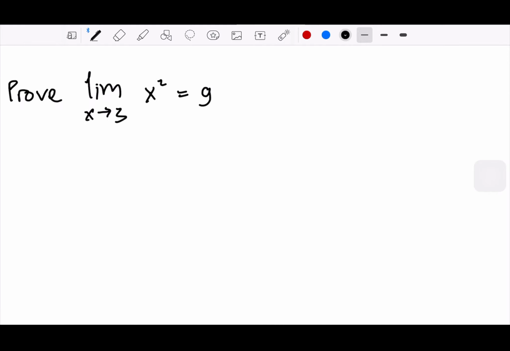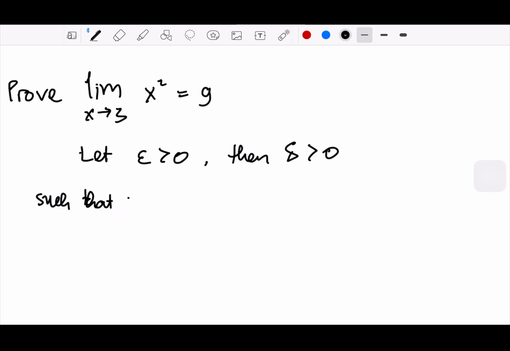So if it is a proof, we are going to use the epsilon-delta definition. First, you can write that epsilon is a positive number, then delta is also a positive number, such that we can start by writing all the information that is supposed to be in the equation.